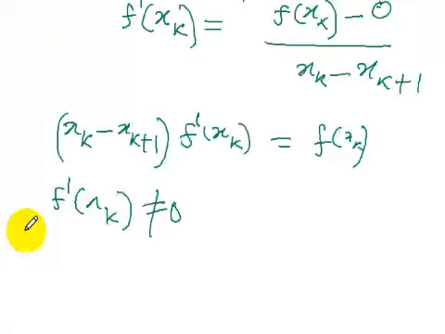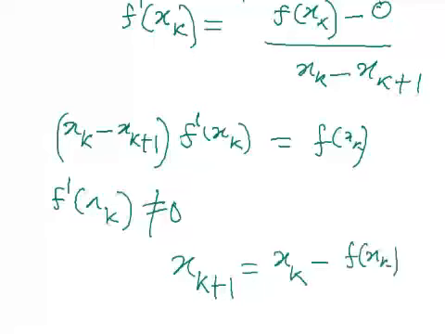Suppose f prime evaluated at xk is not equal to 0. Then you can divide both sides by f prime of xk and solve that equation for x sub k plus 1, which is equal to xk minus f of xk divided by f prime of xk.